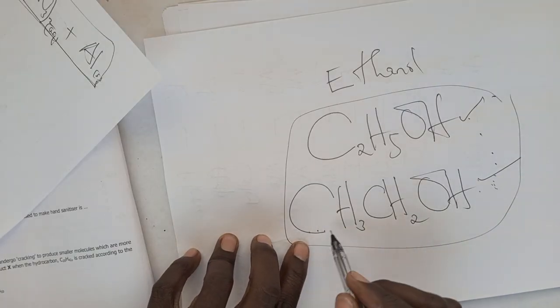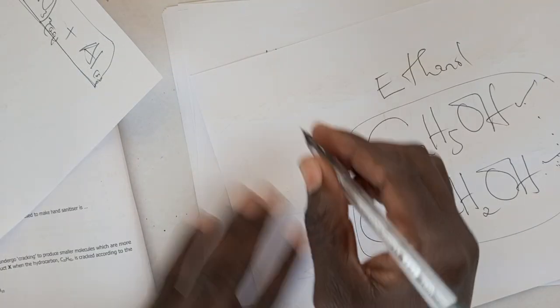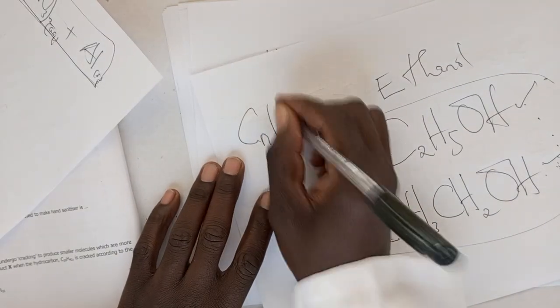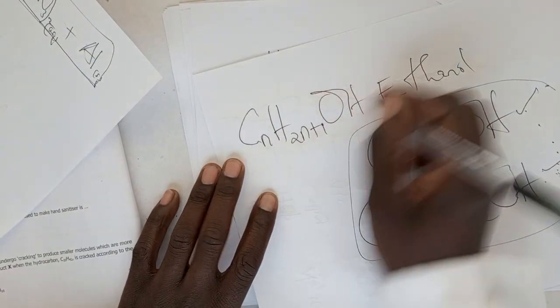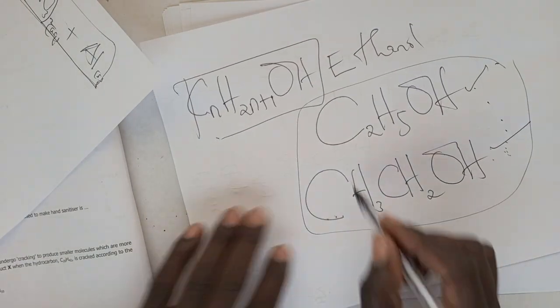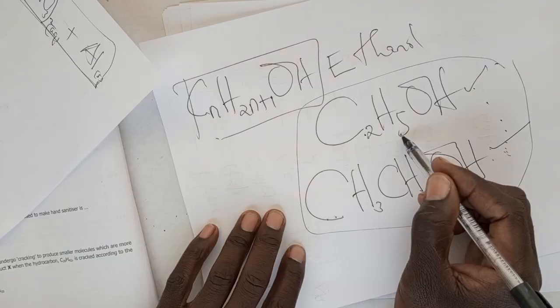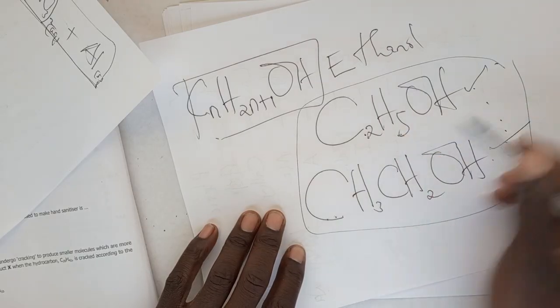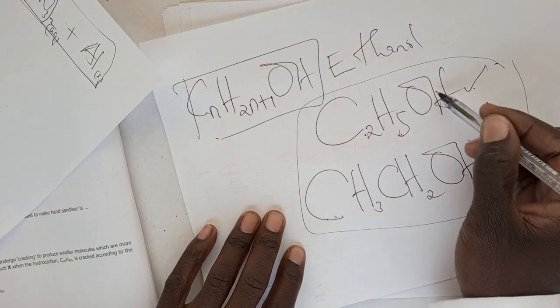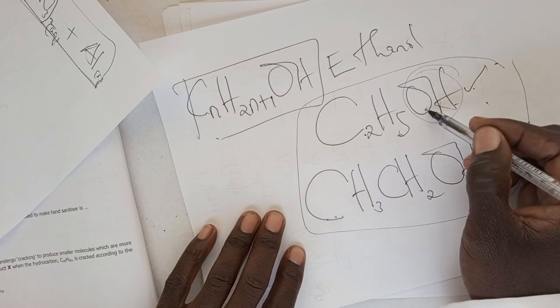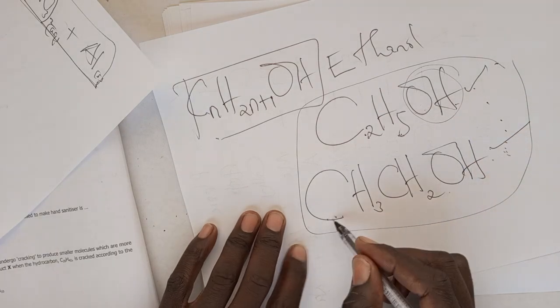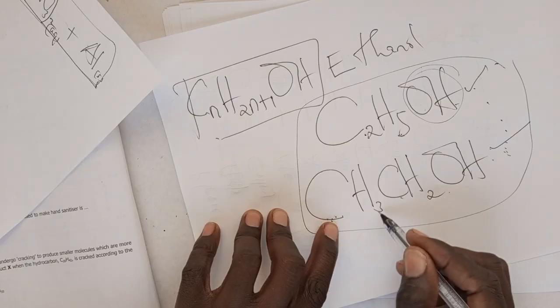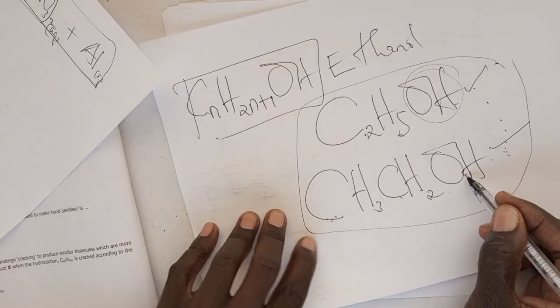Just count the number of carbon atoms. That's the whole idea. From the general formula, CnH2n+1OH, you just have to count the number of carbon atoms. So we have 1, 2, hydrogen 1, 2, 3, 4, 5, plus this one 6, and then O. We count this one as 1 because it is a functional group. Then when you come here, it is the same as this: 1, 2, this 5, and then OH.